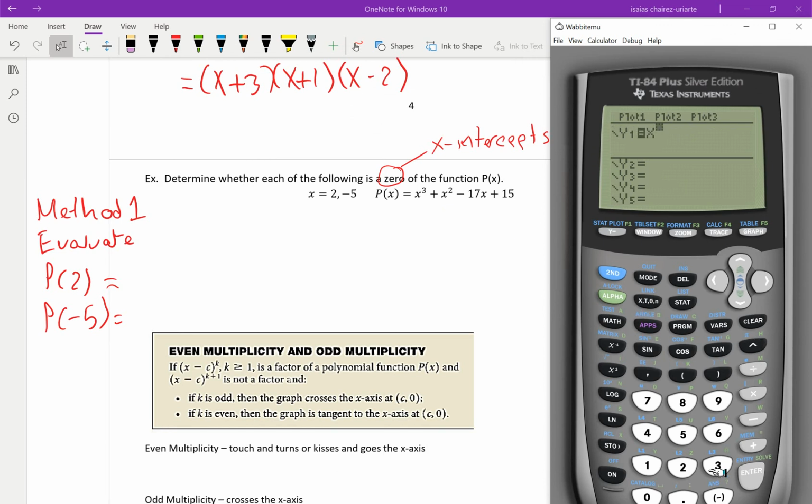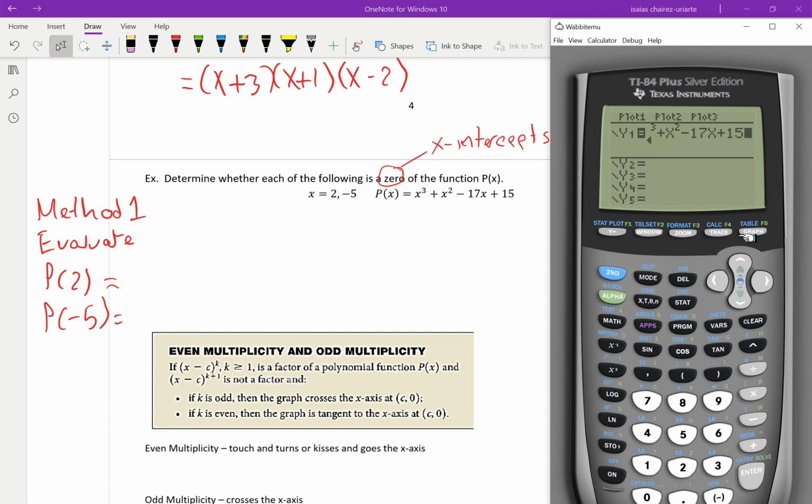Right now my cursor is up here in the exponent, and I want to come down from the exponent, so you hit this little forward button. Plus x to the second, minus 17x plus 15. All right, so that's my polynomial.